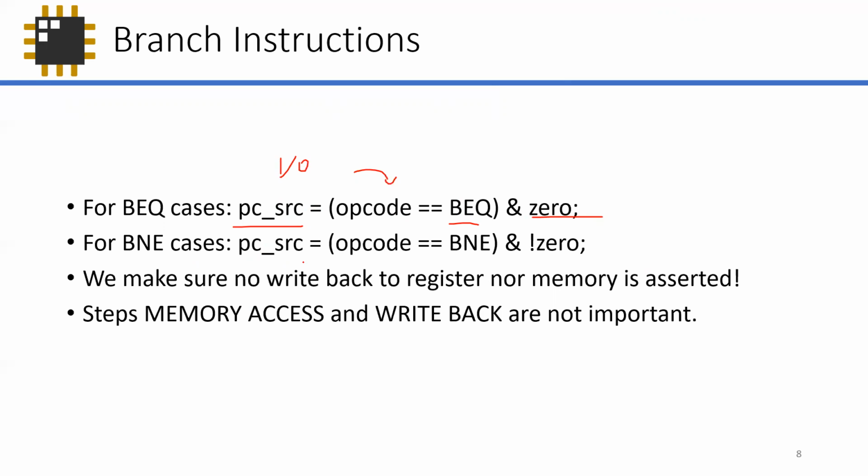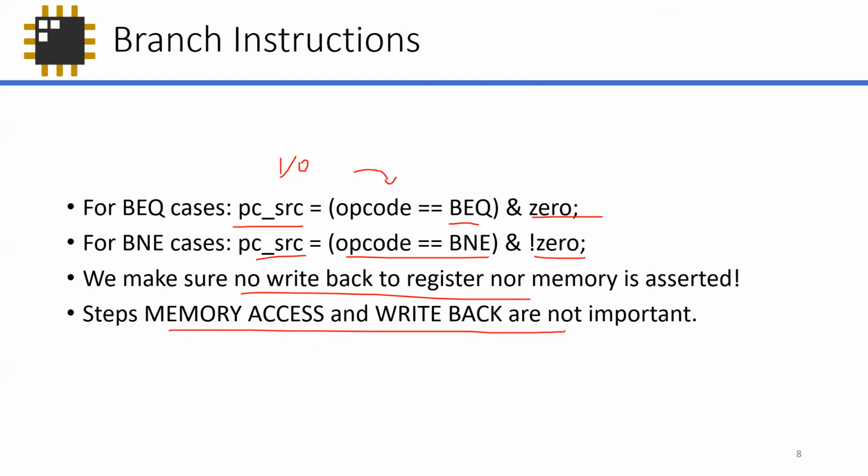Otherwise, if I'm getting a branch if not equal to, and I get a non-zero, I set PC source to 1 to get the branch taken path. Okay? Now, don't forget to make sure that no write back to register nor memory is asserted because we don't care about that.